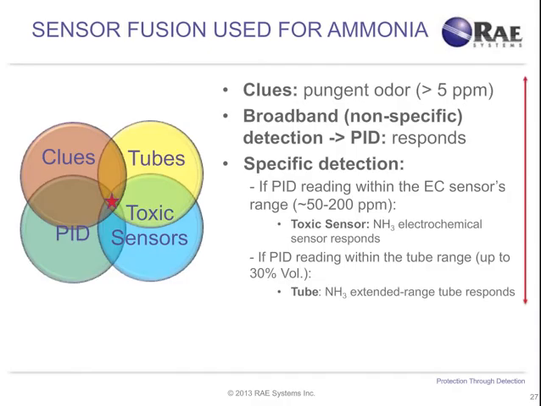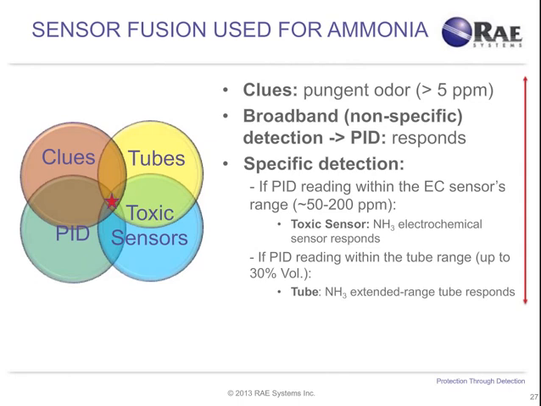So schematically, it's going to look like this. You can smell ammonia, use it as a clue, right? If it's above 5 ppm, which is a fairly often met concentration of ammonia that you would have to deal with, then use a broadband sensor, such as the PID. If there is a response, use a specific tool like an electrochemical sensor or tubes.